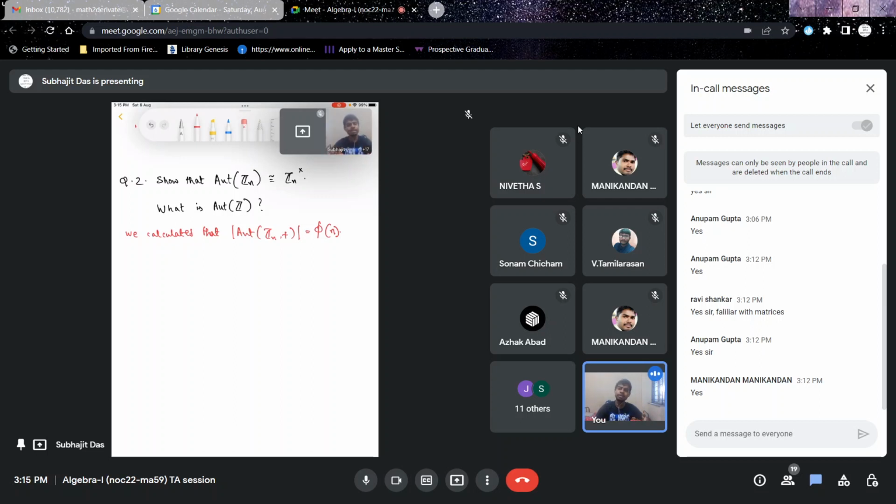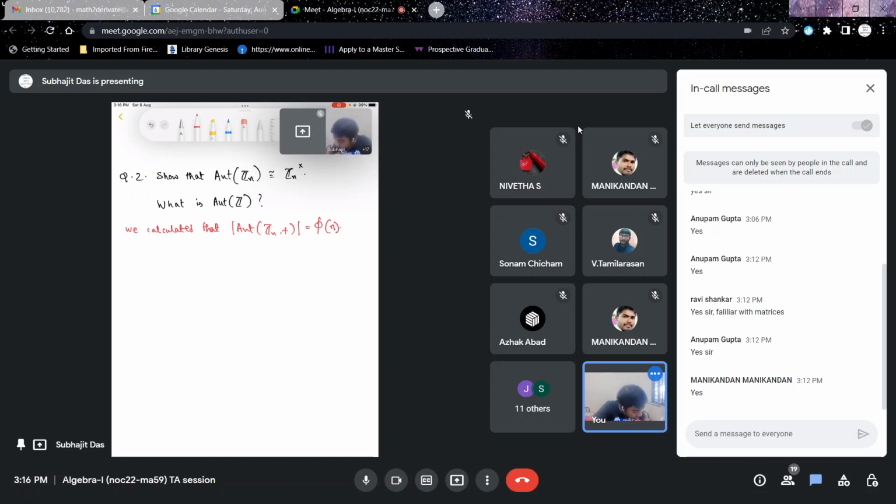That is, Zn star also has phi of n many elements, right? So if you want to find an isomorphism from Aut Zn to Zn star, first of all they must be in bijective correspondence with each other, and clearly both of them have cardinality phi of n. So we understand that there can be an isomorphism from Aut Zn to Zn star, and indeed there is. I'll just write down the map, and I'll leave it for you to check that this is in particular a homomorphism and all that.